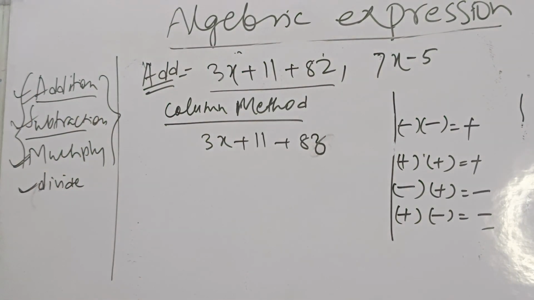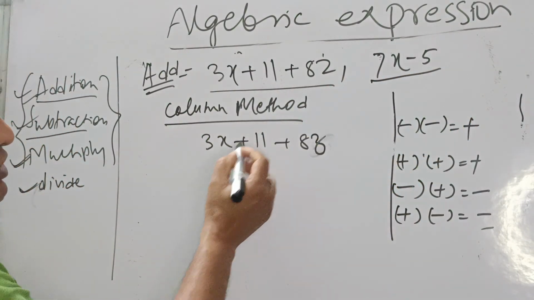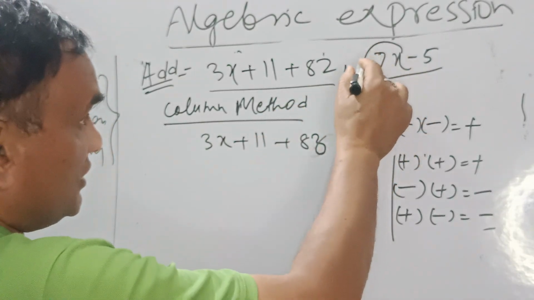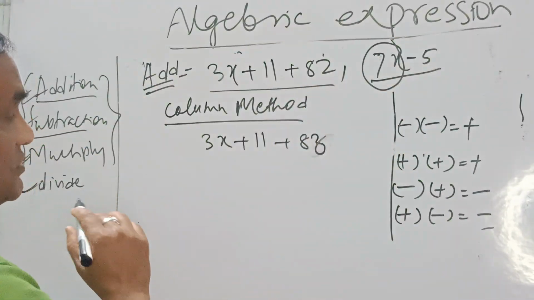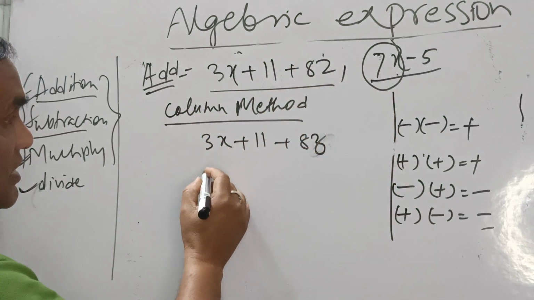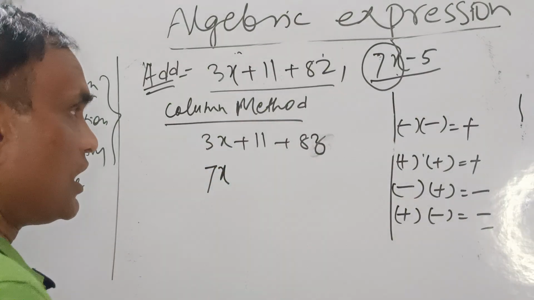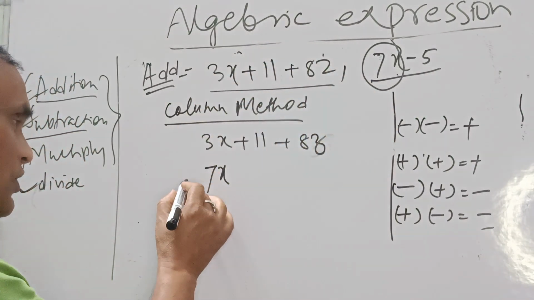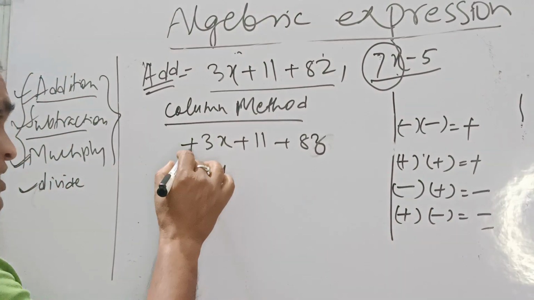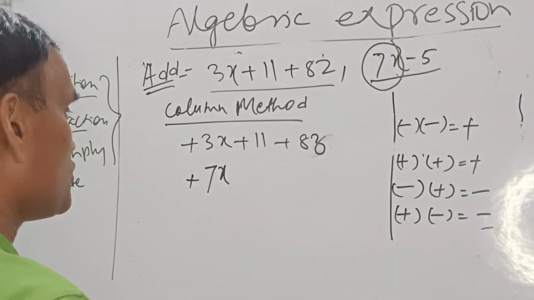Now we have to write 7x minus 5 below this. First of all, this 7x, I have to see where the like terms are. There is 3x and this is 7x, these are like terms. So we'll write it just below 3x. And what is the sign of this 7x? We'll write plus. There is no sign, which means plus sign, that is positive.